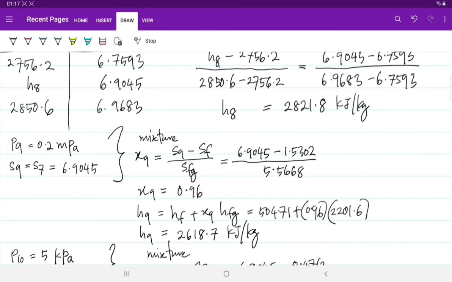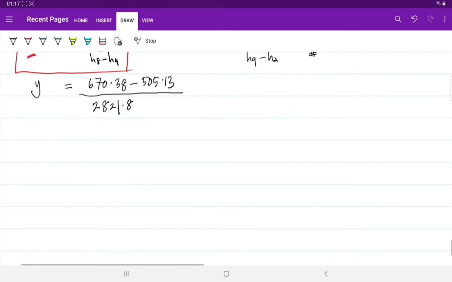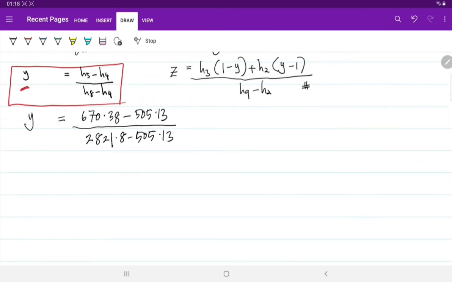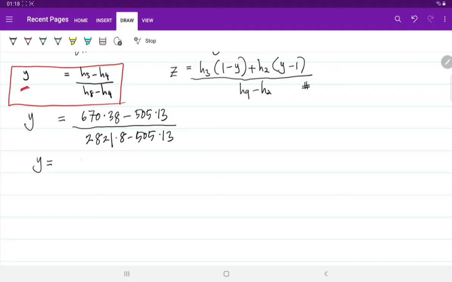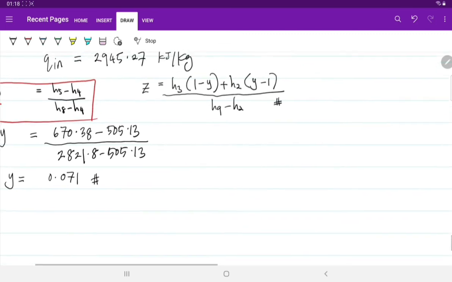H8, 2821.8, minus 505.13. So you got Y equals to very small numbers, 0.071. So that is the percentage.